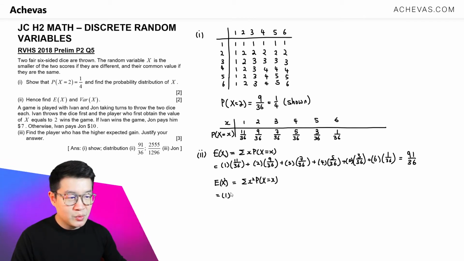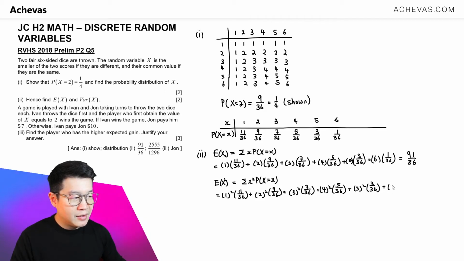And this is going to be equal to 1 squared multiplied by 11 over 36 plus 2 squared multiplied by 9 over 36 plus 3 squared multiplied by 7 over 36 plus 4 squared multiplied by 5 over 36 plus 5 squared multiplied by 3 over 36, and finally 6 squared multiplied by 1 over 36. And this is going to be equal to 301 over 36.